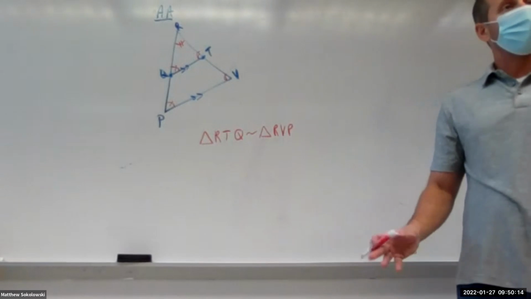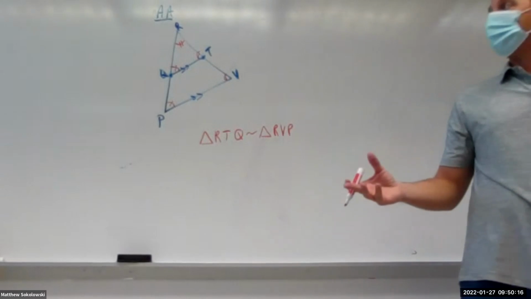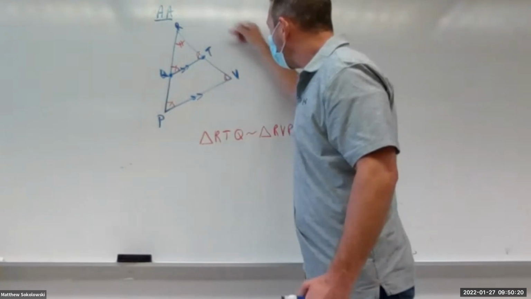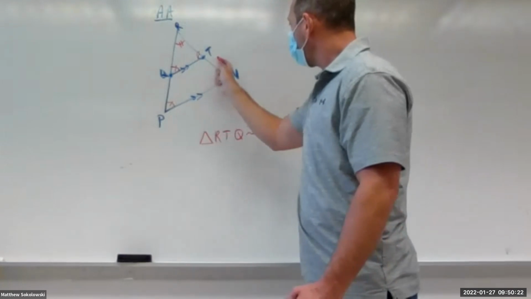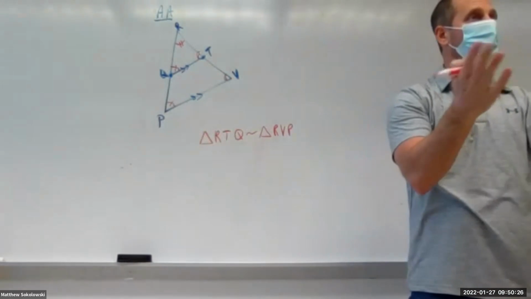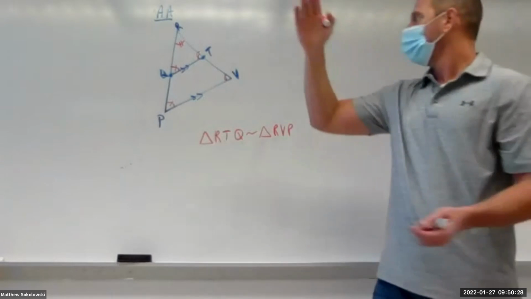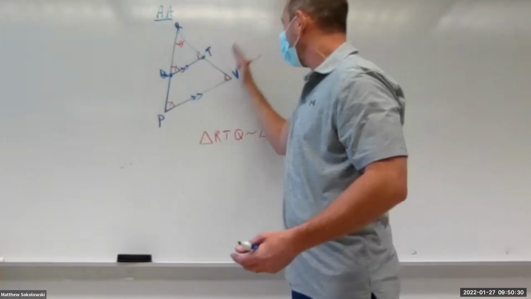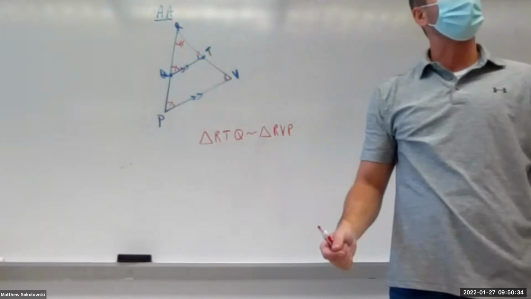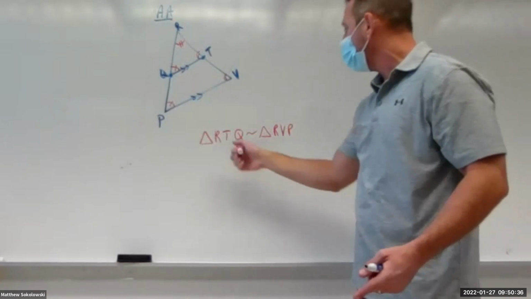Okay. And from those similar triangles, we could set up a bunch of proportions. RT over RV equals TQ over VP. You can do that by looking at the diagram and matching up right side to the little triangle, right side to the big triangle, bottom of the little triangle, bottom of the big triangle. Or you could set up the proportion by looking at how they're written.